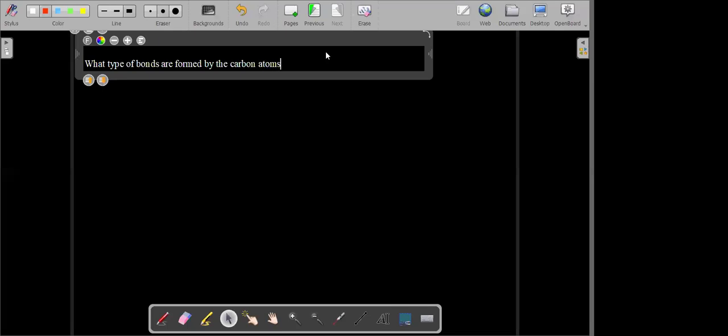Sir, covalent. Yeah, covalent bond. Why do carbon atoms form a covalent bond? Sir, because they share the 4 valence electrons each with the other. They equally share their valence electrons.